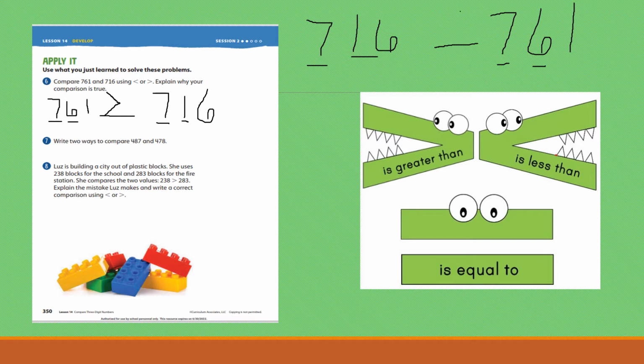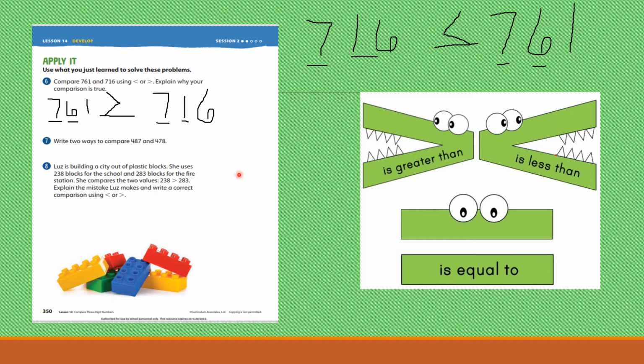My alligator mouth has to be open to the bigger number. And how do I read this? I read this as 716 is less than 761. And why is that, boys and girls? Because 1 ten is less than 6 tens.